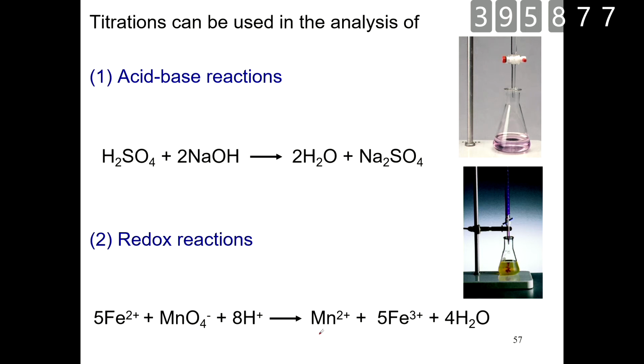This is red and this is yellow. After the reaction finishes, the color will change from red to yellow. So in this redox reaction, we don't need to add an indicator. But because this one is colorless, in this reaction we need to add an indicator. Otherwise, we don't know when it is complete.